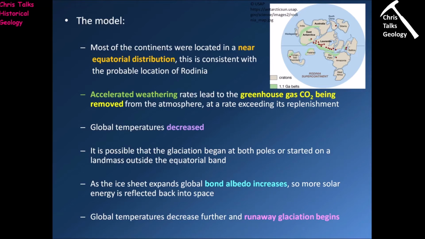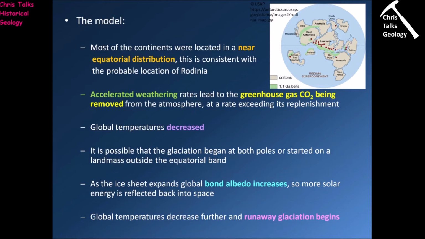Now, it's possible that the glaciation began at both poles, or maybe it started on a landmass outside these polar regions. I mean, if you look at the predicted distribution, you'll notice that both the poles are essentially free of continental crust. This is actually not the best situation. If you want to form an ice sheet, forming it on continental crust is actually the easiest thing to do.